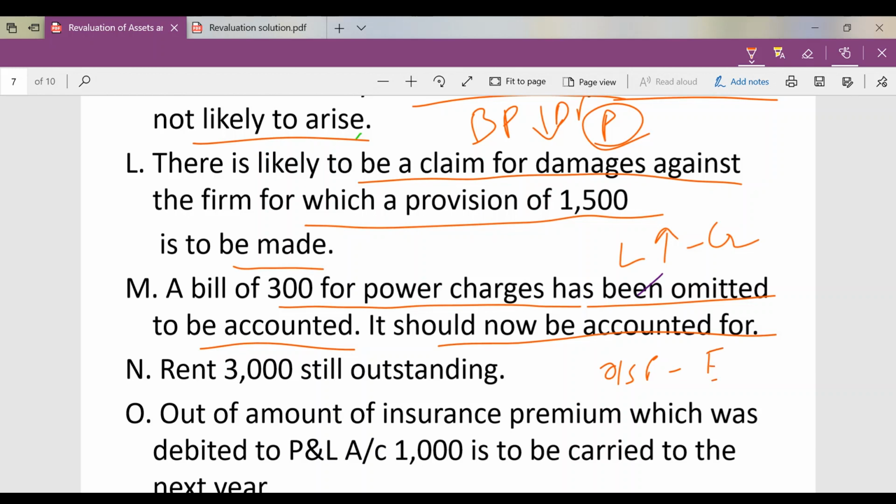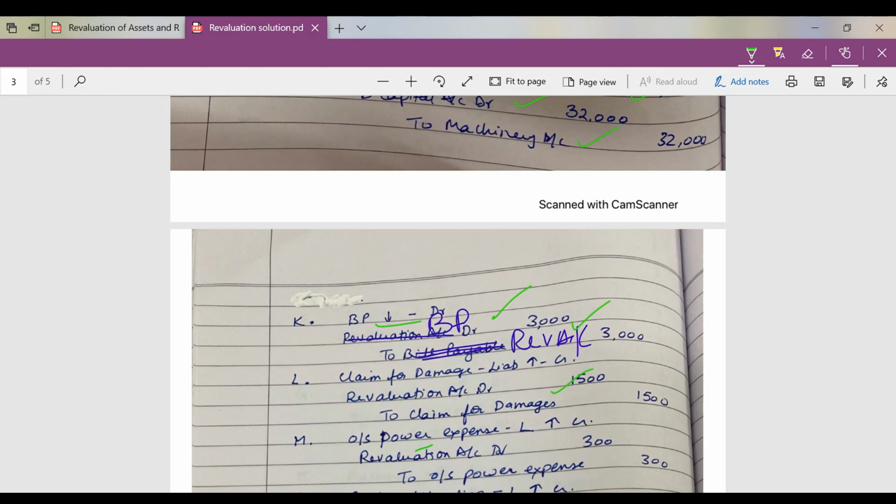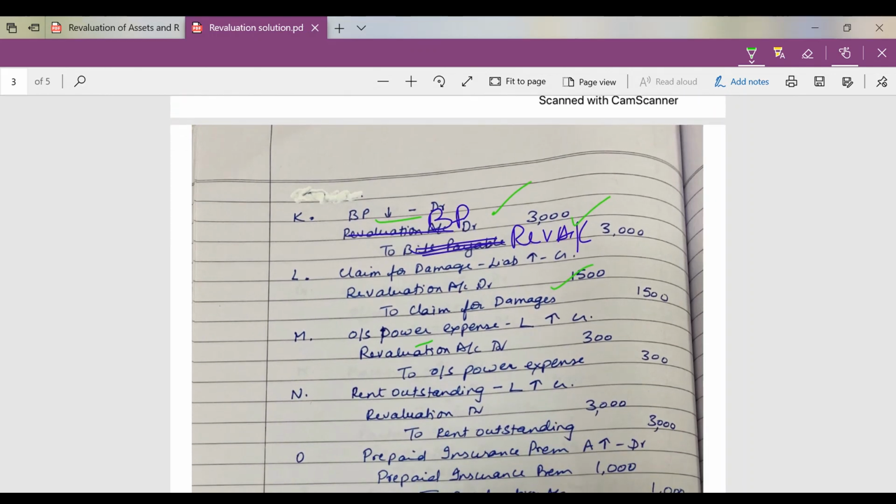So expense is increasing, and if you have not paid for it, it is actually a liability. Liability is also increasing. So all expenses, they go to revaluation at the time of reconstitution. And when a liability increases, we need to credit it. So the entry for this is going to be revaluation account debit to outstanding power expense.